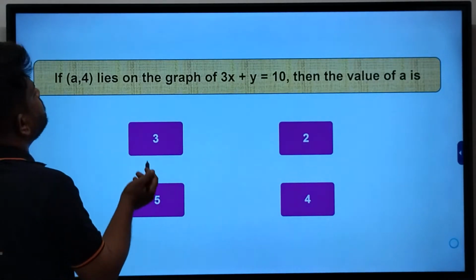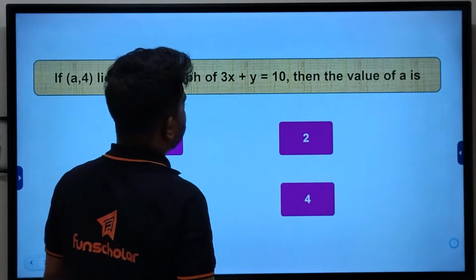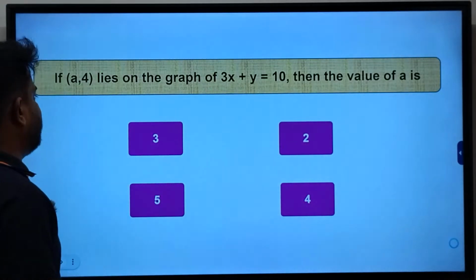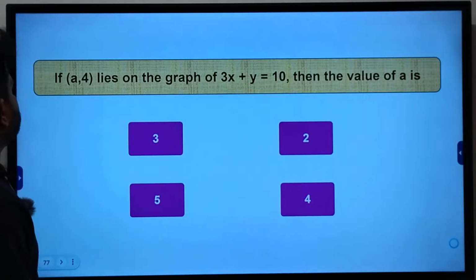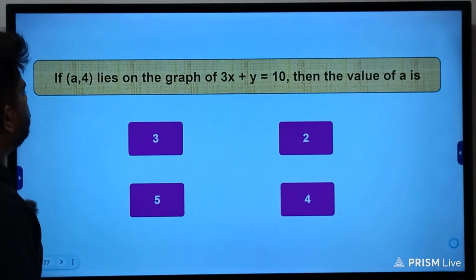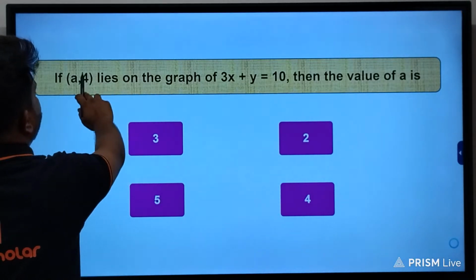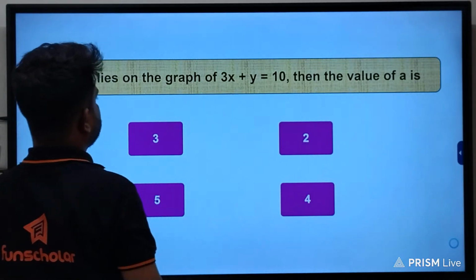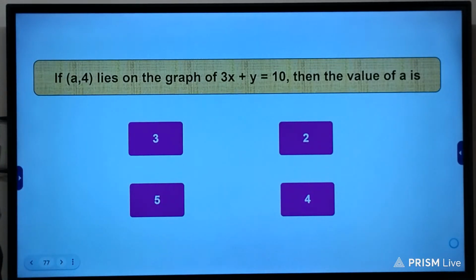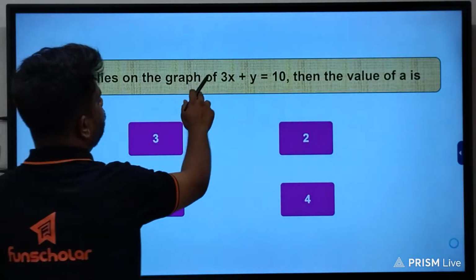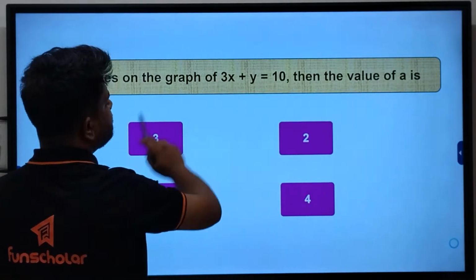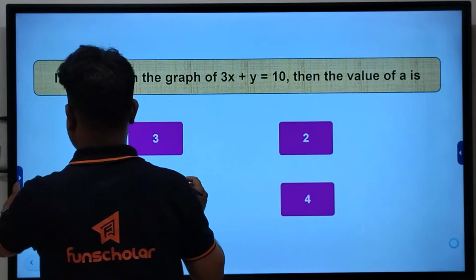A comma 4 lies on the graph of 3x plus y equals 10, then the value of a is. So if I put 4 in y's place, it will be 3x equals 6, and by dividing 6 with 3, okay, do it like here.